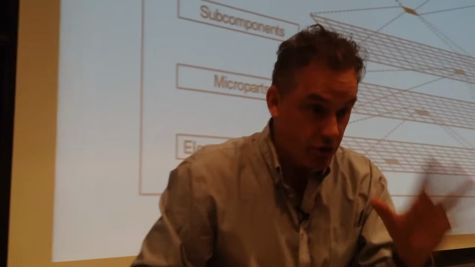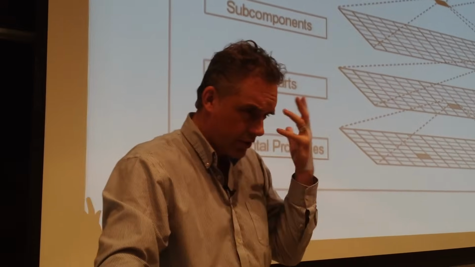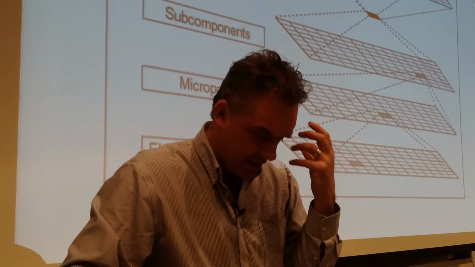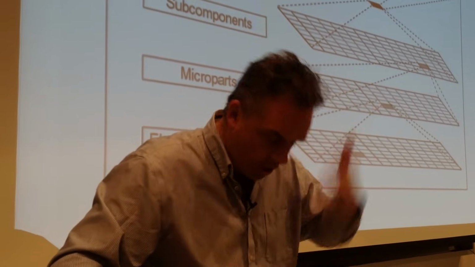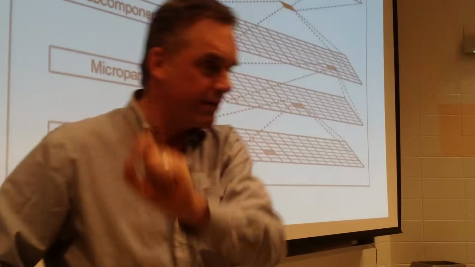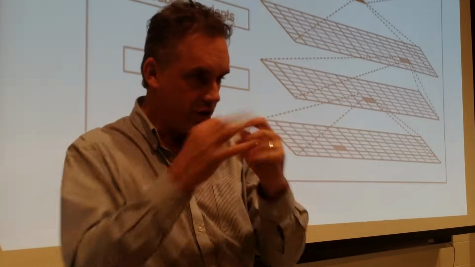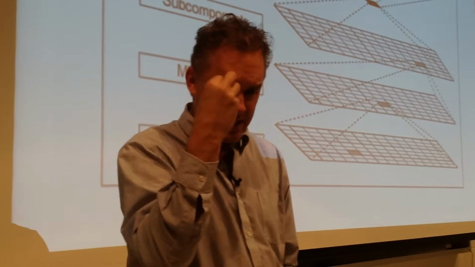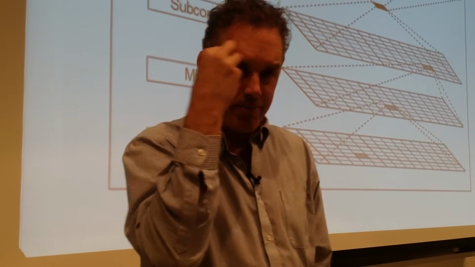So what's very strange about your visual system, and all your sensory systems are like this, is that you have a tiny little point of focus where the information is rich. The center of your eye is the fovea, and it's most densely packed with cells.